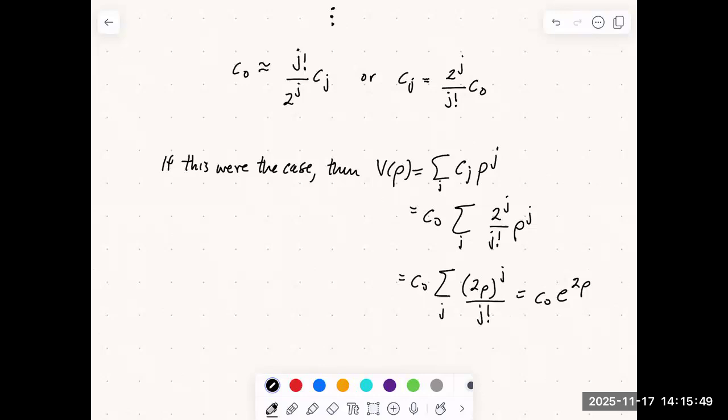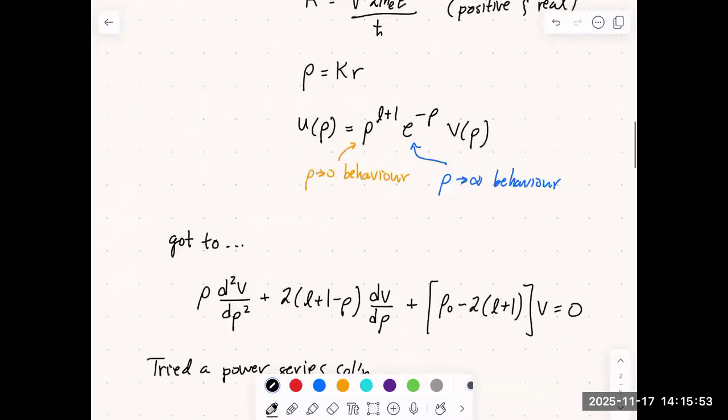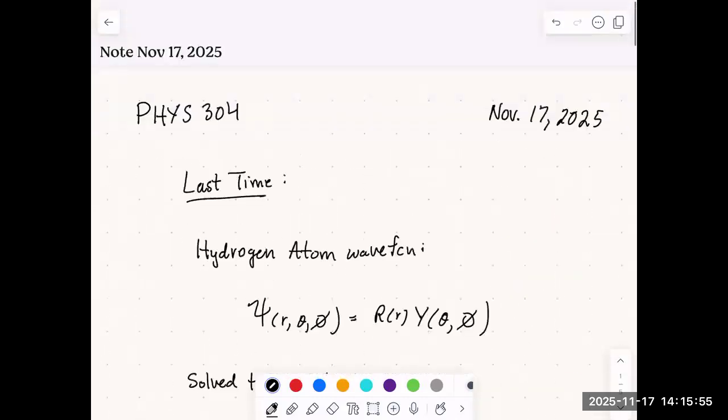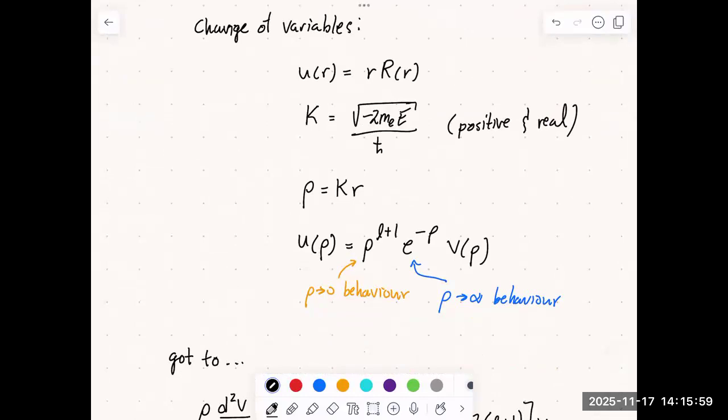All right. Well, if we go back, the reason I wrote out this long summary is because I want to use part of it. So our solution for R is determined by this U thing. And the U is going to have rho to the L plus 1, e to the minus rho, and then here's our V, which we've just written as that power series, and we showed that's that exponential.